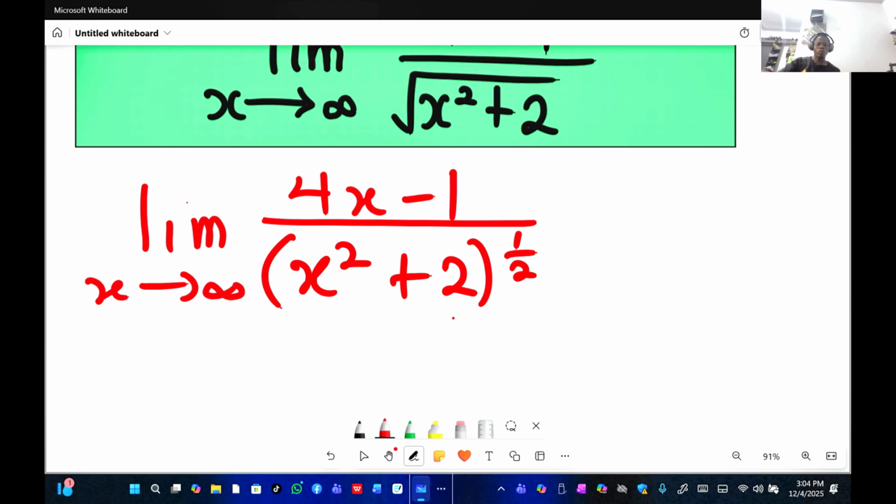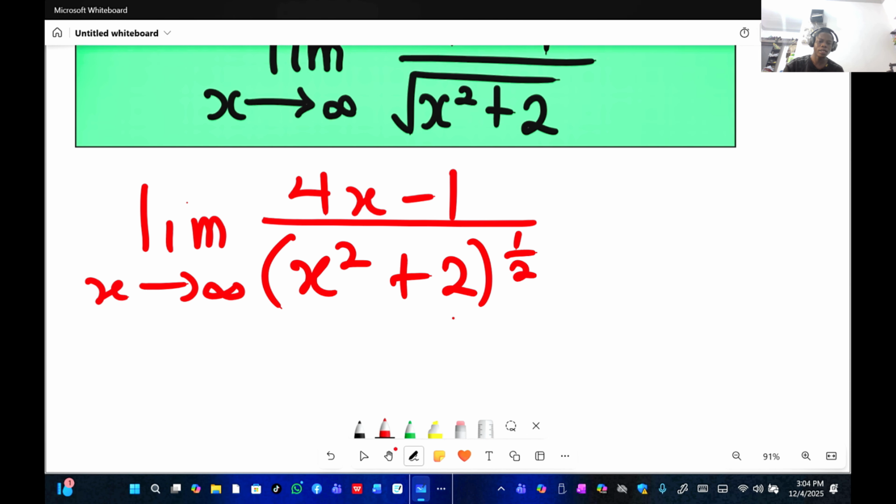So what do you think would be the x with the highest exponent? The x with the highest exponent here will be just x, because the denominator is in a bracket affected by the exponent half. So we have to identify the x with the highest power in the numerator.